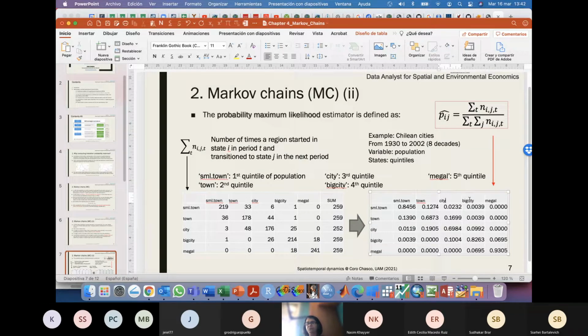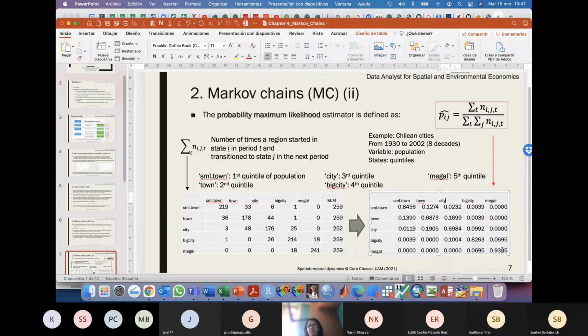So it is very complicated to jump from being a big city in one decade to being only a small town in the next decade. But this is what this matrix is saying. As we saw in other examples, in the main diagonal we have this PII, the probability that starting in one class at present you end up in the same class in the next period of time.